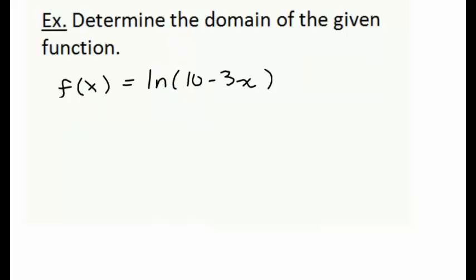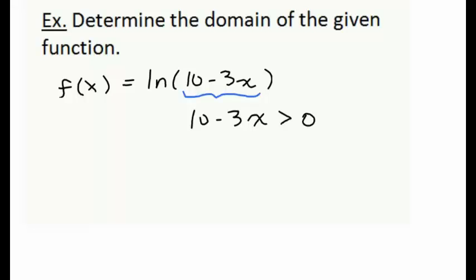Let's use the information from the last slide to determine the domain of the function f of x equals ln of 10 minus 3x. We know that what we have to focus on is the inside portion of our ln function. We would like 10 minus 3x to be bigger than 0.